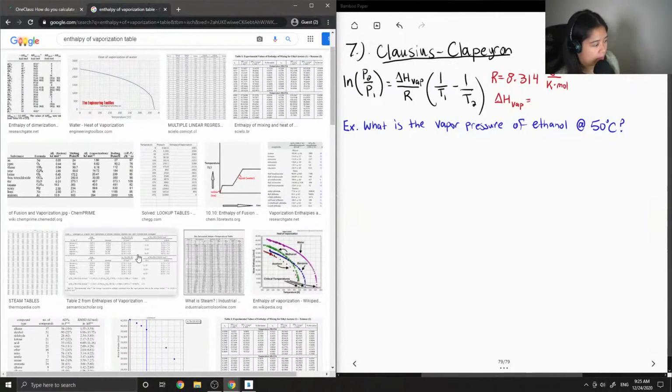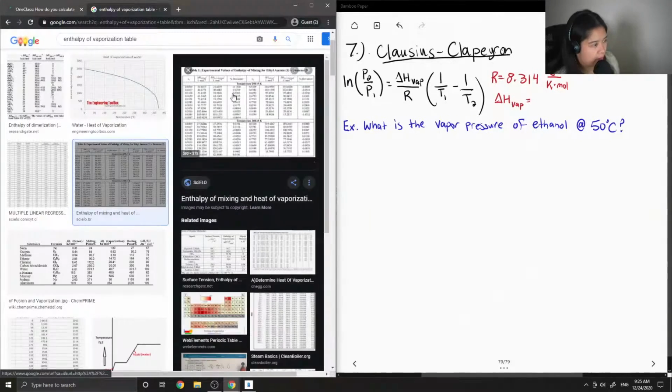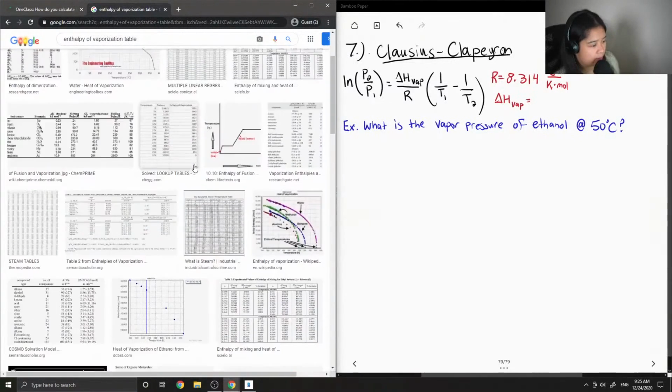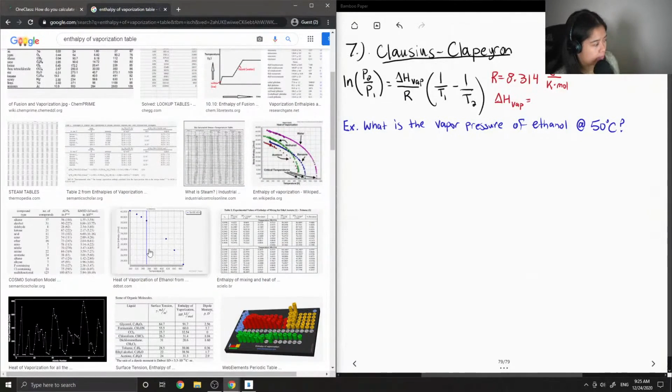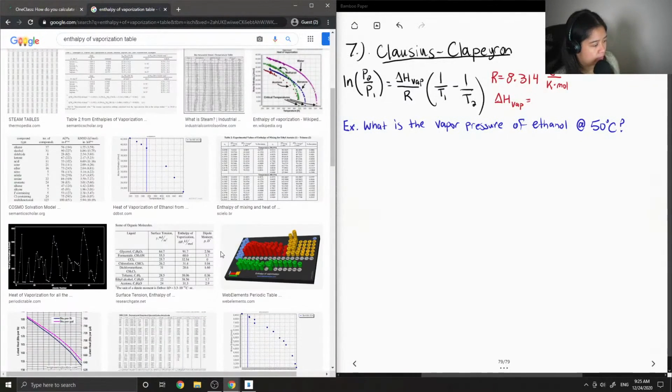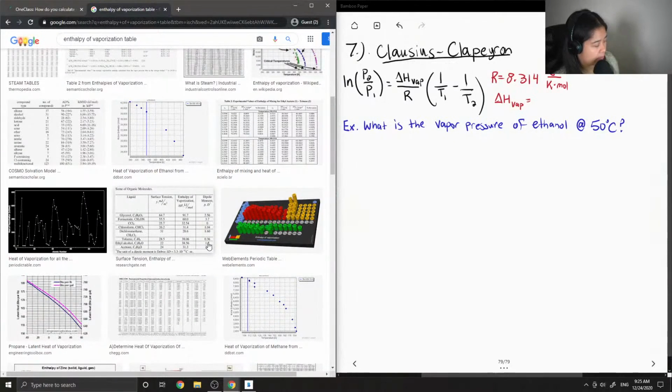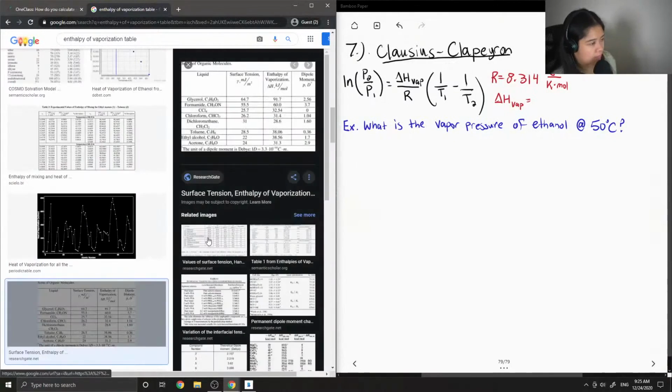Okay, so let me just try to find. Okay, so here are the enthalpy of vaporization of different compounds. Ethanol is the same thing as ethyl alcohol, so here it is 38.56 kilojoules per mole.